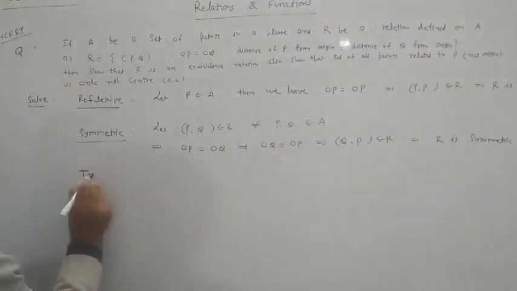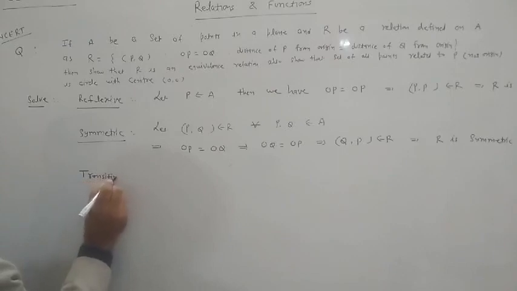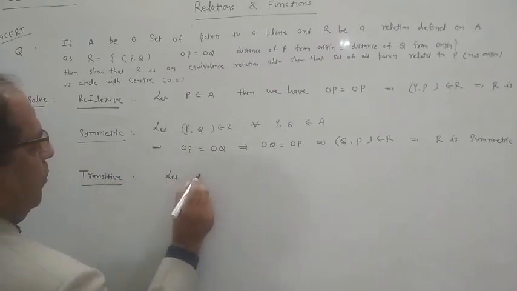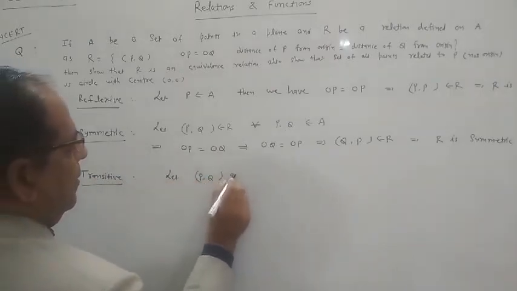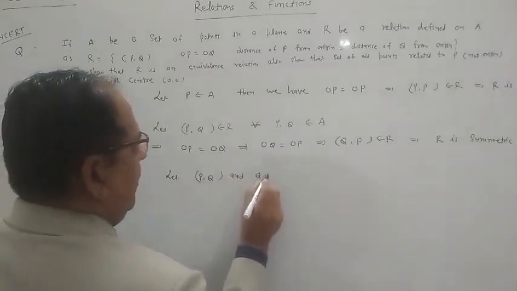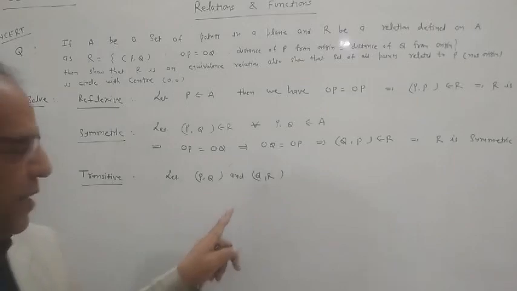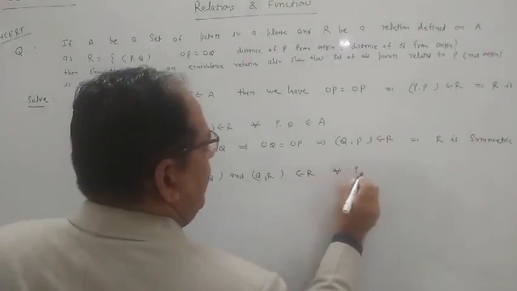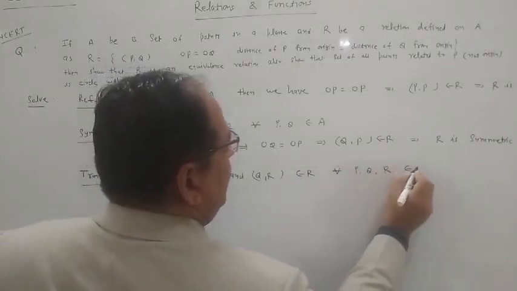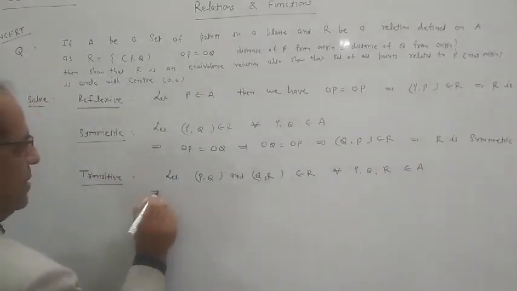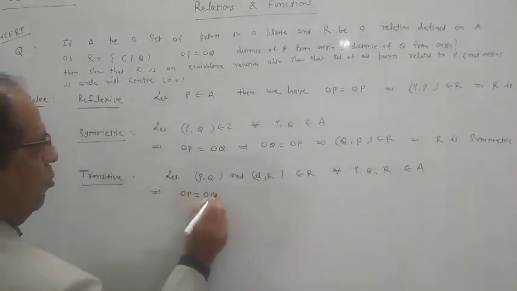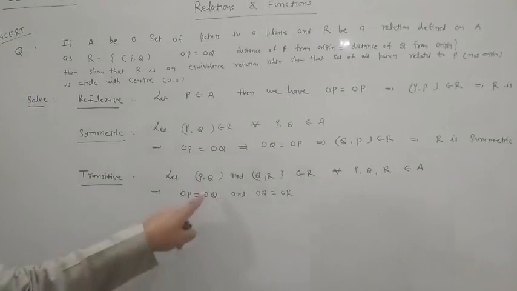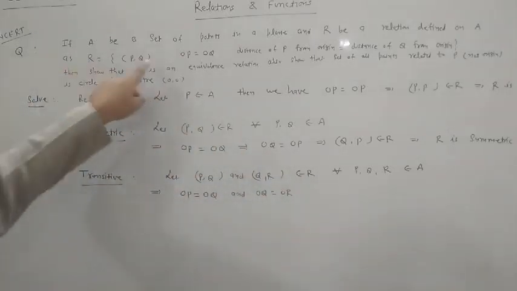Transitive. Let (P, Q) and (Q, R) be two consecutive pairs from the relation R, for every P, Q, R that are elements of set A. This implies that OP equal to OQ and OQ equal to OR, since (P, Q) and (Q, R) are elements of relation R and satisfy this condition.